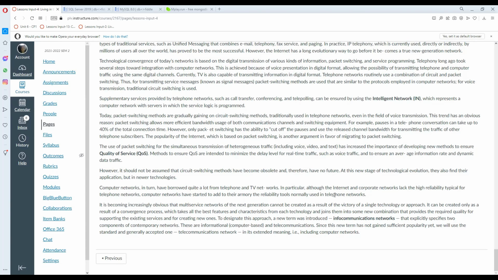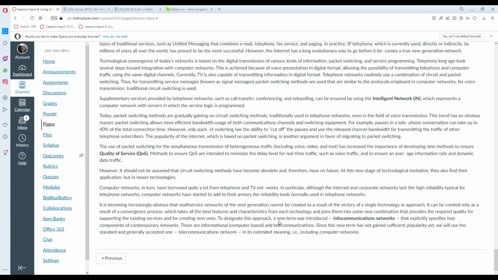It is becoming increasingly obvious that multi-service networks of the new generation cannot be created as a result of the victory of a single technology or approach. They can be created only as a result of a convergence process, which takes all the best features and characteristics from each technology and combines them into a new technology that provides the required quality for supporting the existing services and for creating new ones.